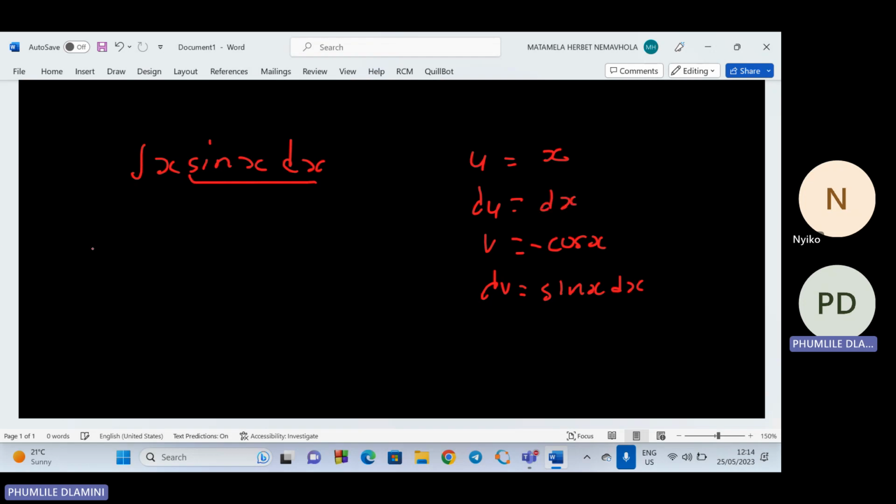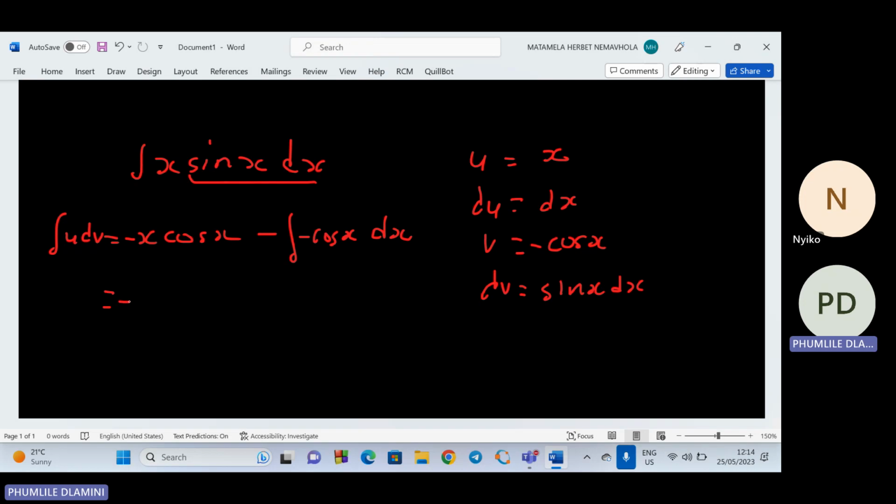So when I use my formula, the integral of u dv is going to be uv, which is negative x cos x, minus the integral of v, which is negative cos x again, v du, which is dx. Our du equals dx.